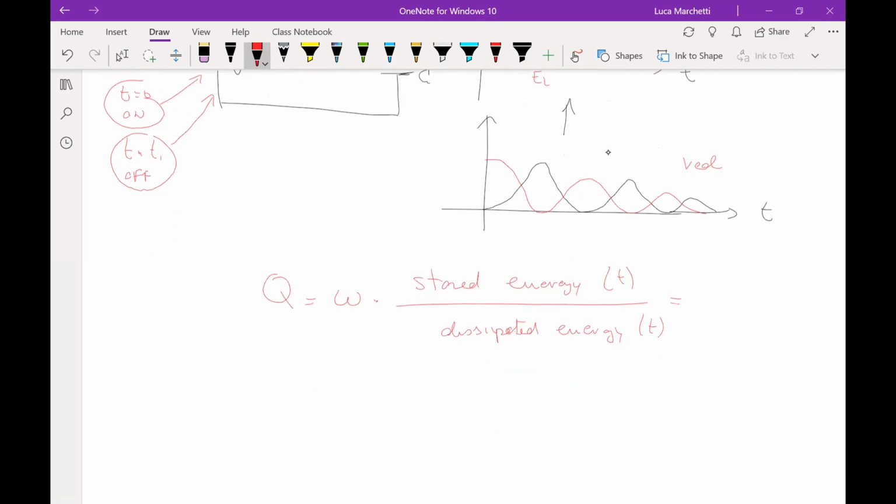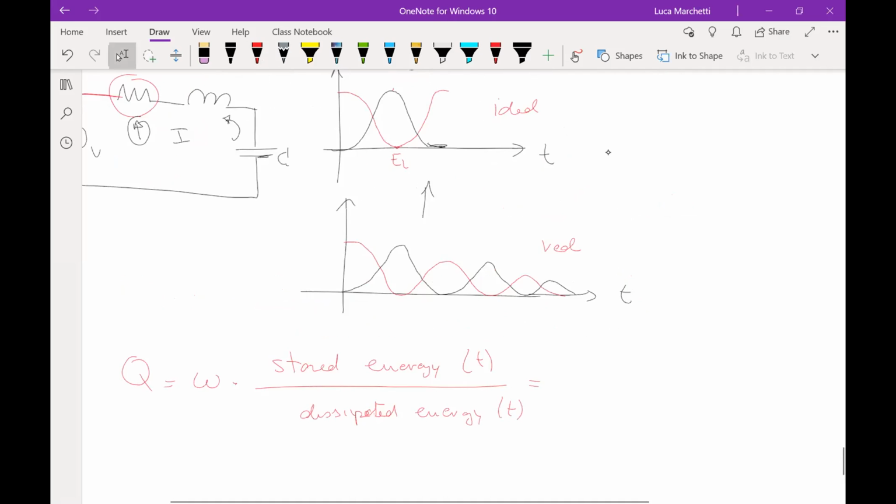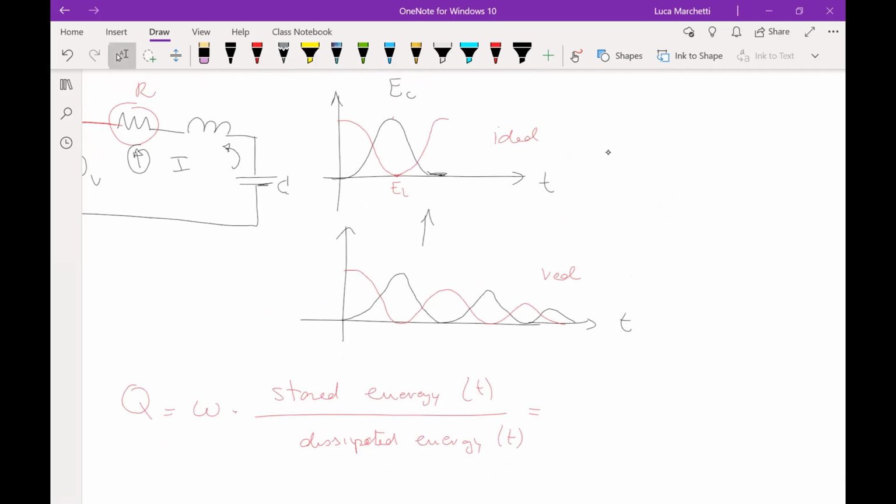So how much is the stored energy? Here, it's actually much easier to talk about power, because as electronic engineers, we like to talk about power rather than energy. But how much is the stored energy in the circuit? Well, you just need to look at the plot, maybe the ideal plot here, although the real plot is the same, and look at this situation here.